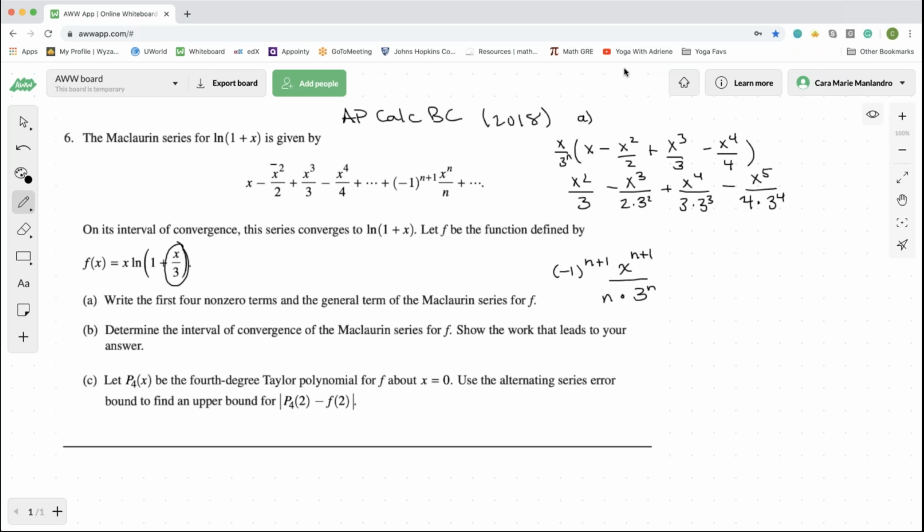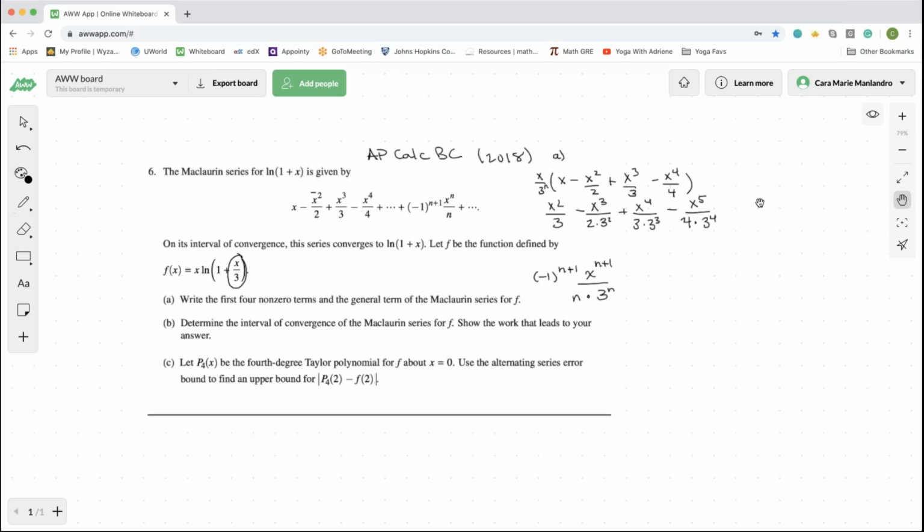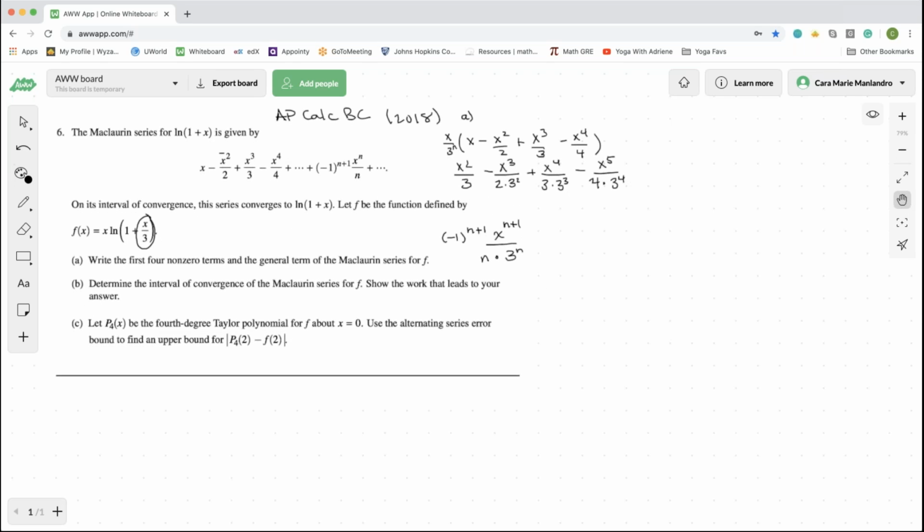Okay, determine the interval of convergence and show your work. So how do we go about showing the interval of convergence? I'm going to minimize to give myself some more room. We have a couple of ways that we can do this, and I'll show you both ways.